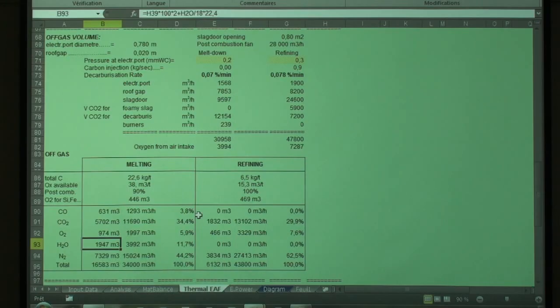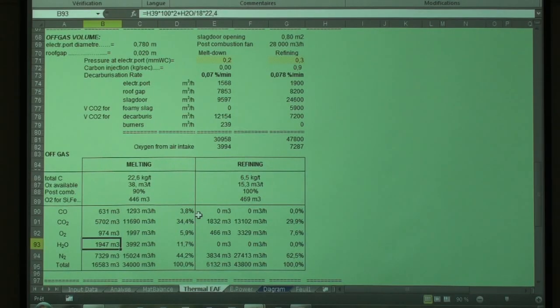That's right. So this is the first aspect, because maybe you increase the post-combustion, but not so far. The second point is that when you put Fe in contact with CO2 above a certain temperature, CO2 is oxidizing Fe, and you create CO and FeO.